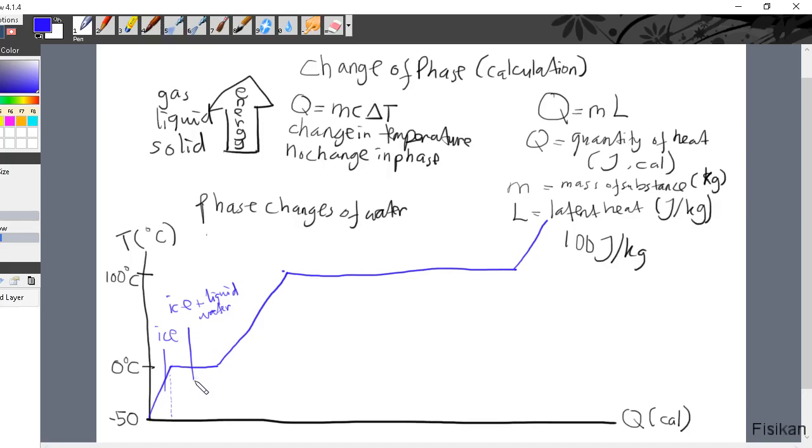So at 0 Celsius degree, water can be in ice and liquid form. And at this trapezoid, everything is liquid. And at this big rectangle here, the water is in liquid form and water vapor. And the rest is water vapor.